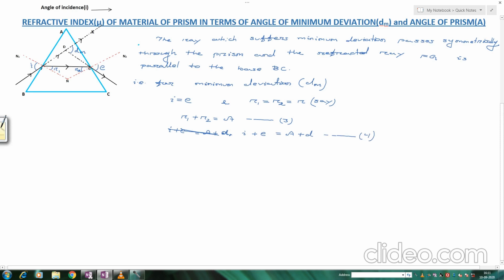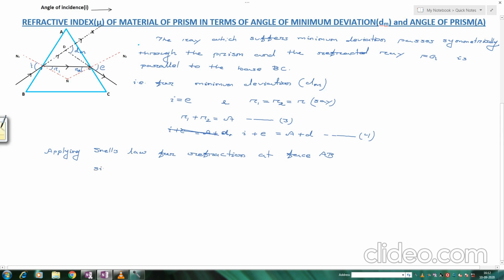Now applying Snell's law for the refraction at the face AB. We can take the face AC also, but here we are taking face AB.